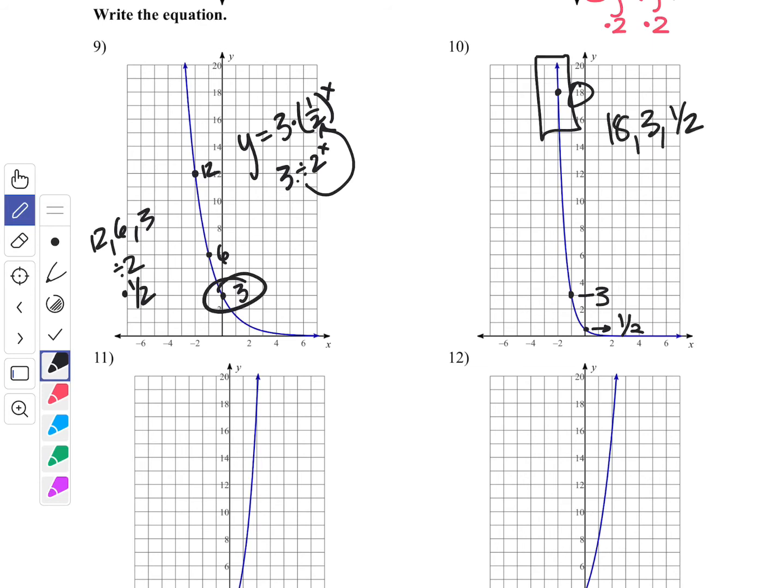But basically we've got 18 to 3 to 1/2. Well, 18 to 3 we'd be dividing by 6, wouldn't we? 3 divided by 6 gives us 1/2. So our growth is we're timesing by 1/6, and our starting is at 1/2. So this one was a really tricky one, wasn't it? So y equals 1/2 times 1/6 to the x. So if you didn't get that one, that's all right, because that is definitely a lot more difficult.